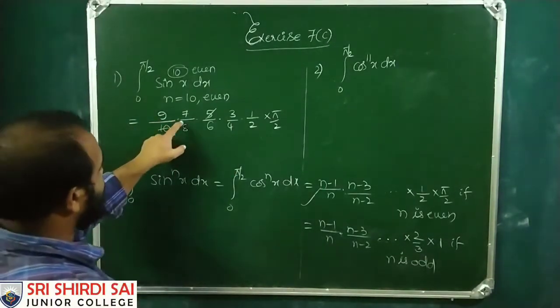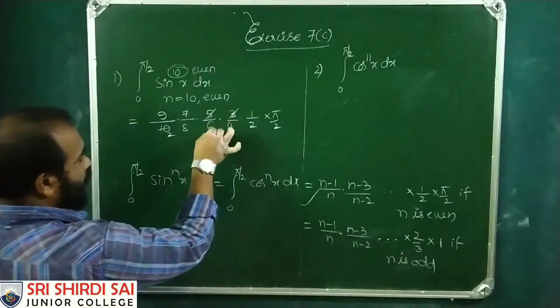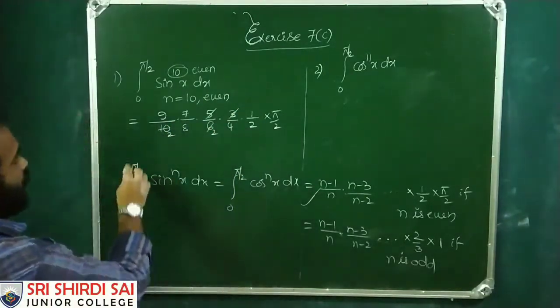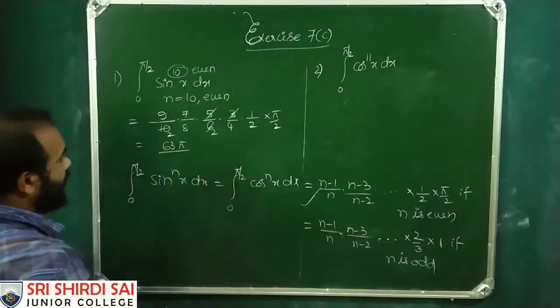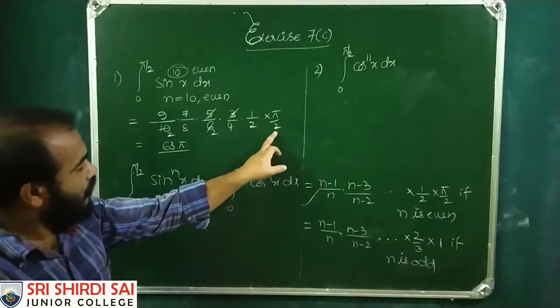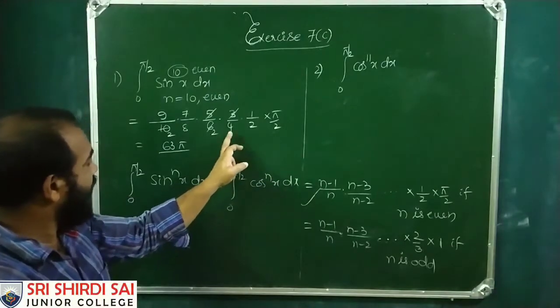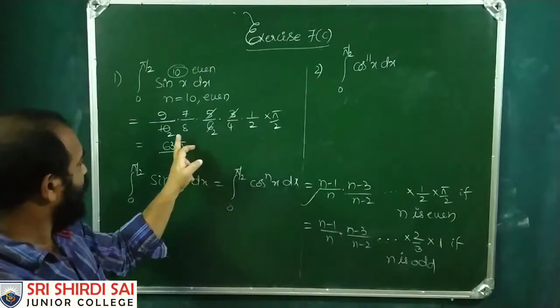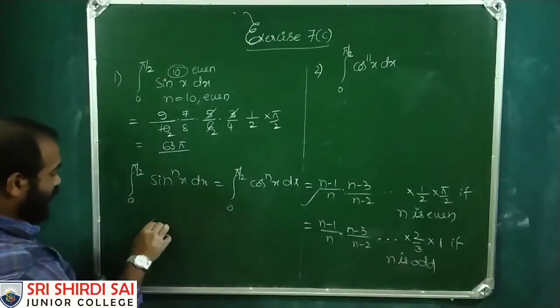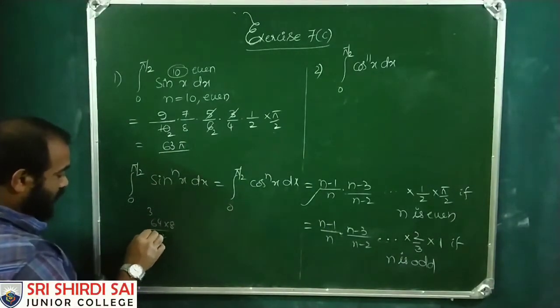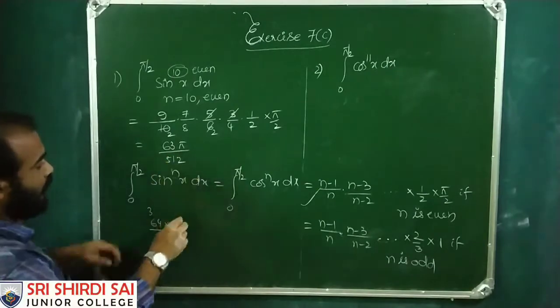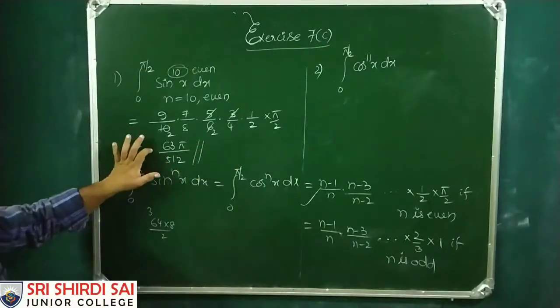So 9 7s are 63. 3 2s are 6. So 9 7s are 63. Pi by 2. 2 2s are 4. 4 2s are 8. 8 4s are 32. 32 2s are 64. 64 8s are 512. So this is the answer for the first question.